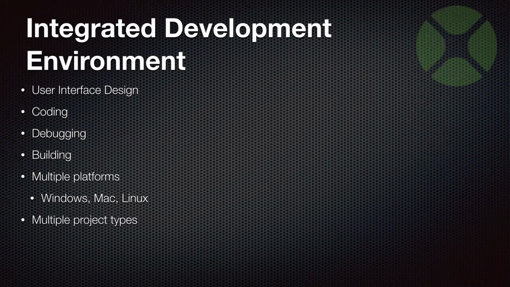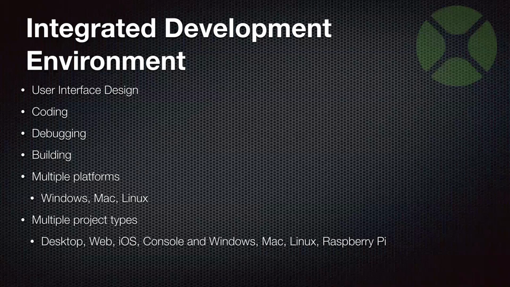And then, of course, the other integrated aspect is that Xojo lets you build multiple project types, again, all from Xojo itself with a single tool. So with Xojo, you can make desktop apps. You can make web apps. You can make iOS apps. You can make console apps. And in particular, the desktop and web and console apps can all run on either Windows, Mac, Linux, or Raspberry Pi.